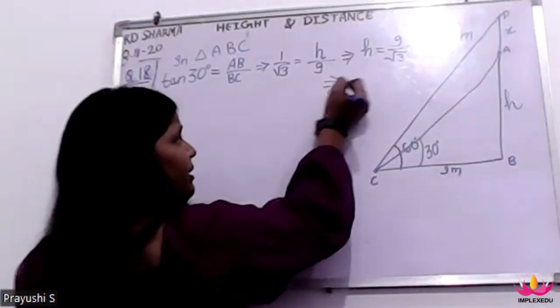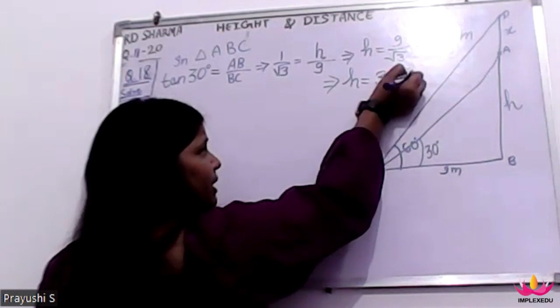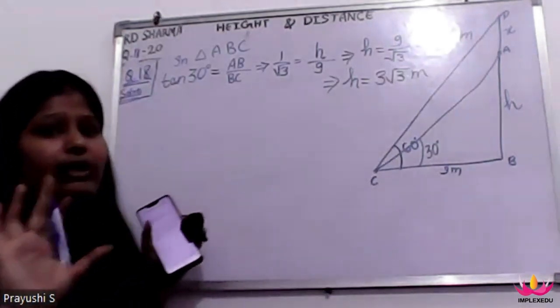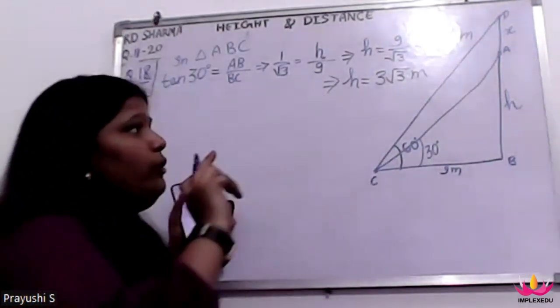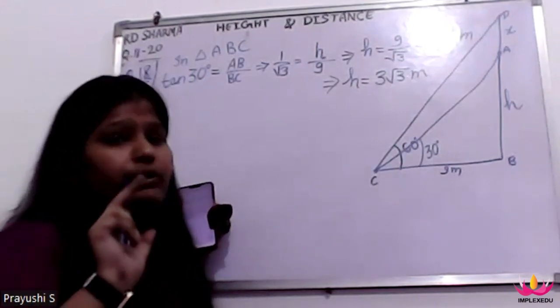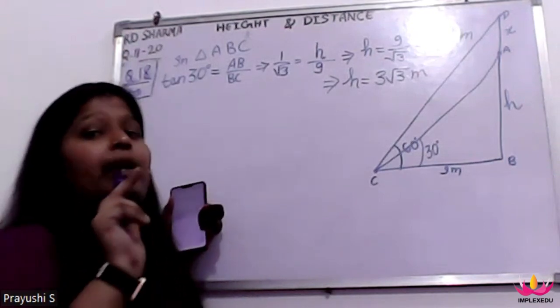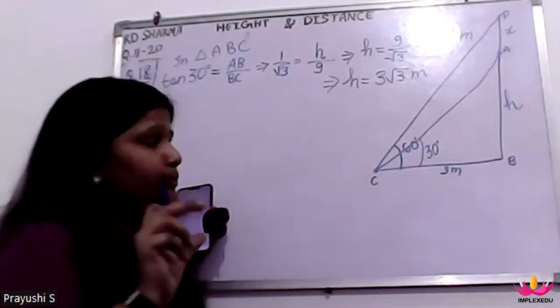From here, h is equal to 3 root 3 meters. So now we have the value of AB. The height of the tower is 3 root 3. Correct. Now we have to find out x, which is the height of the flagpole.